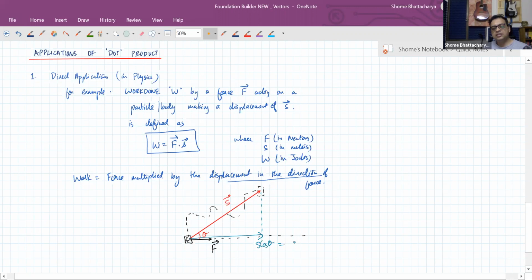Now this is the displacement component in the direction of the force.